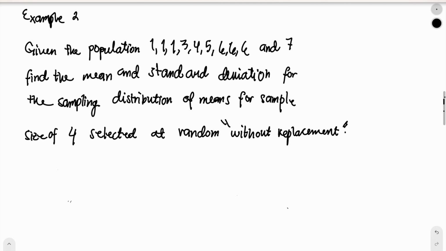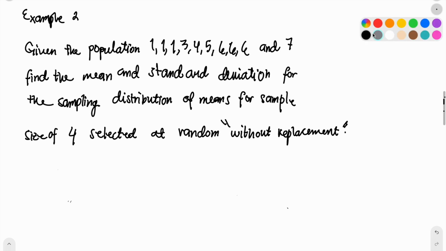Okay, this is example number 2. Given the population, again 1, 1, 1, 3, 4, 5, 6, 6, 6, and 7, find the mean and standard deviation for the sampling means for sample size of 4, selected at random without replacement.